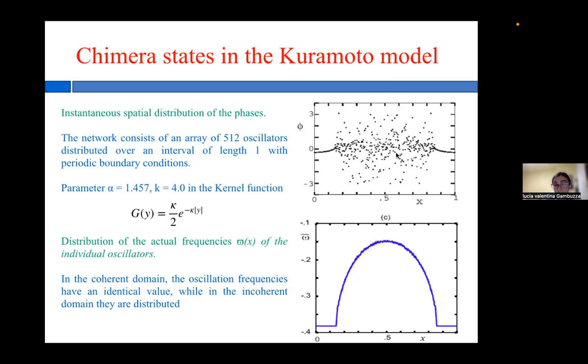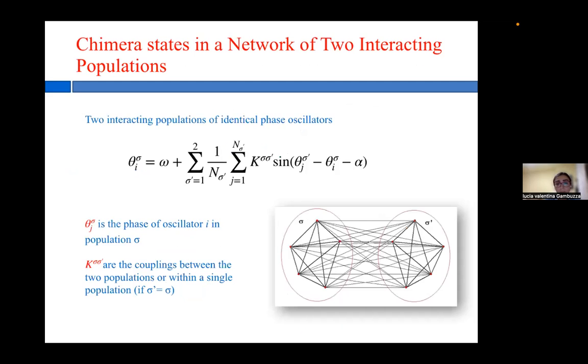And this justifies the term chimera state: the coexistence of different types of behavior in the same network, even when we consider identical units for all the network nodes.